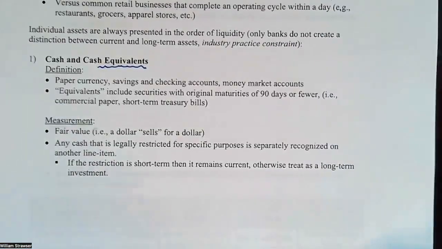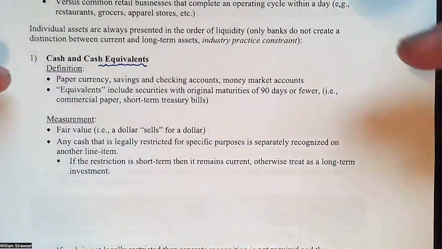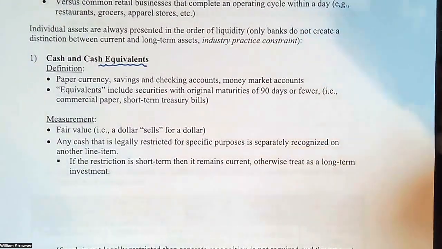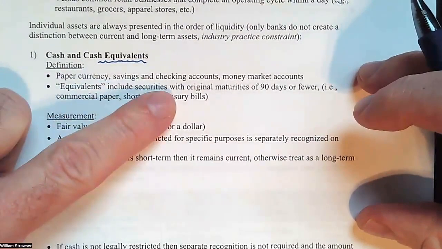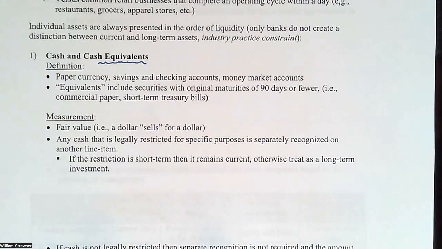We'll explore more what cash equivalence means in a future chapter. But for now, understand what's in there, right? The definition is any paper currency, savings and checkings accounts, money market accounts. The equivalent portion of this is going to include very short window investments.